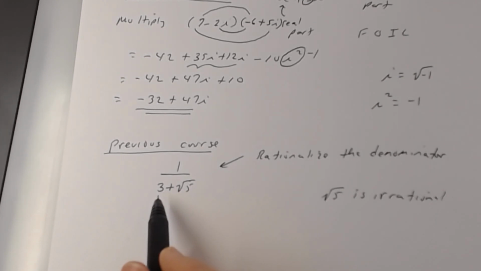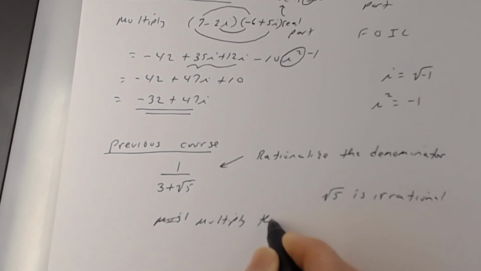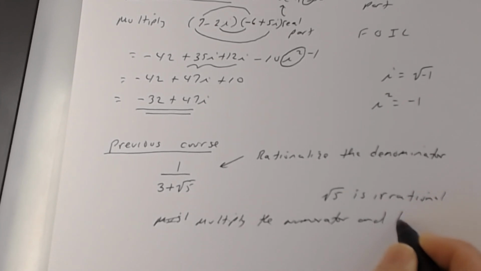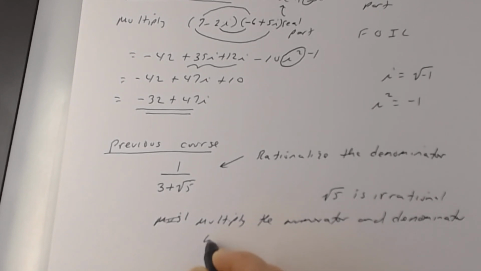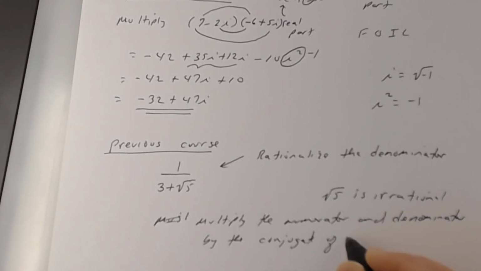To make that denominator a rational number, not an irrational, you're going to multiply the numerator and denominator by the conjugate of 3 plus the square root of 5.